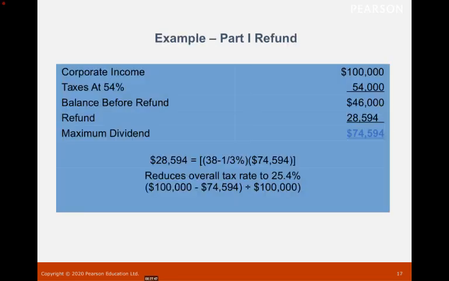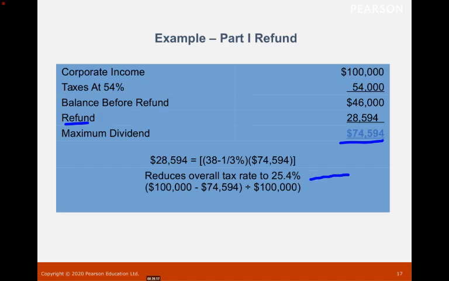So here, the dividend was $74,594. So when we multiplied 38 1/3% by the dividend, we got $28,594. That was our dividend refund. So you have the tax at 54, but then we have a refund. That's why we had enough money left to pay out a dividend of $74,594.